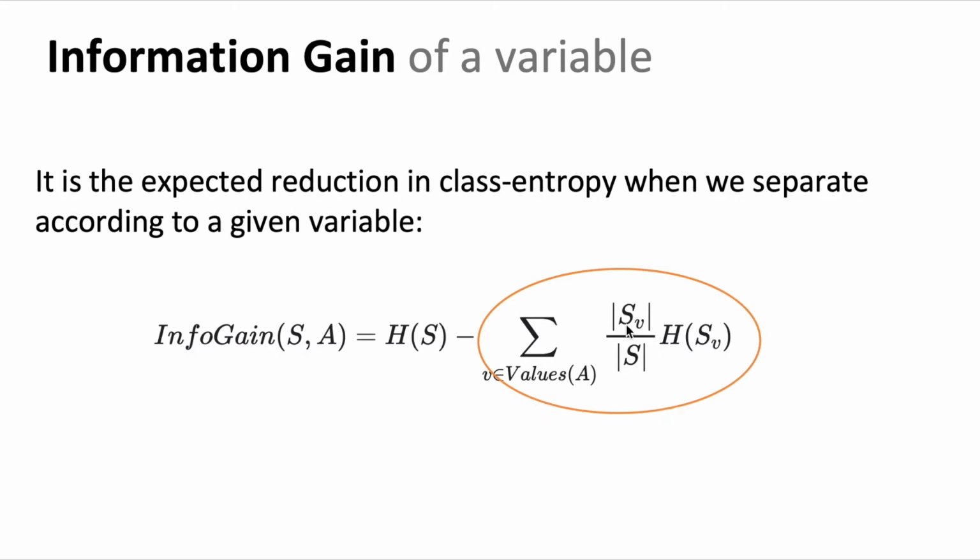The right term tells us the entropy of the class when we instantiate the variable A on its different values, and we calculate the small entropies of the small tables. And the first term tells us the initial entropy of the class.